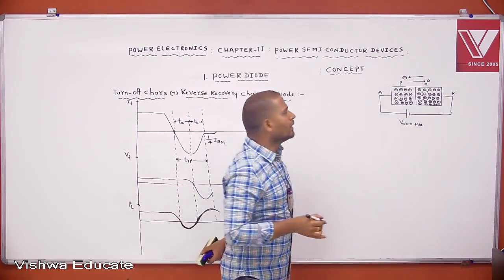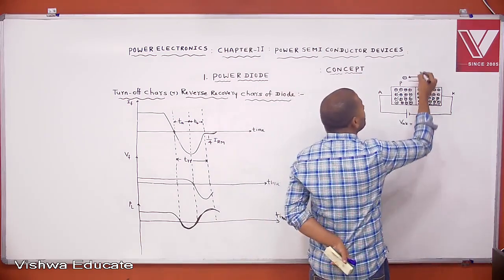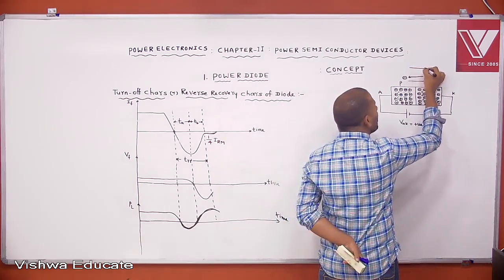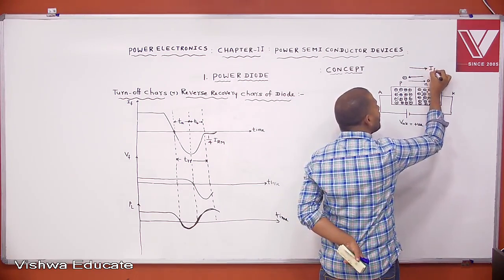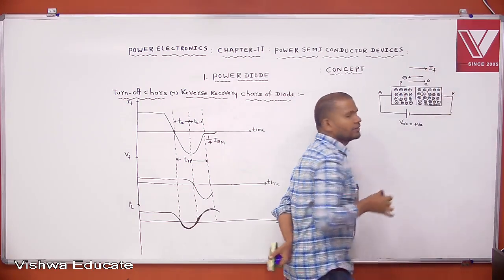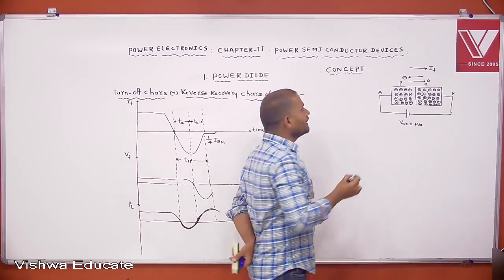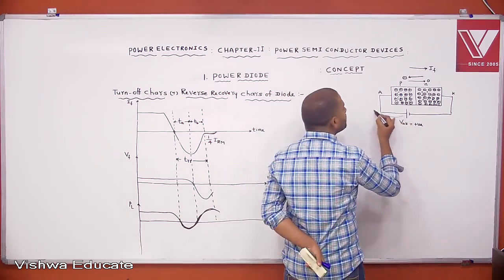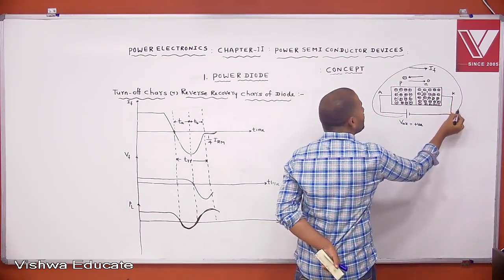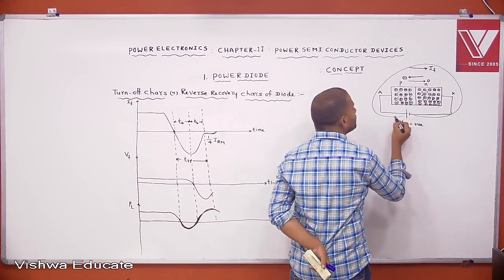That means the direction of current is always opposite to the electron direction, or in the direction of hole movement. This is the direction of forward current, that is, the forward current exists from positive to negative.